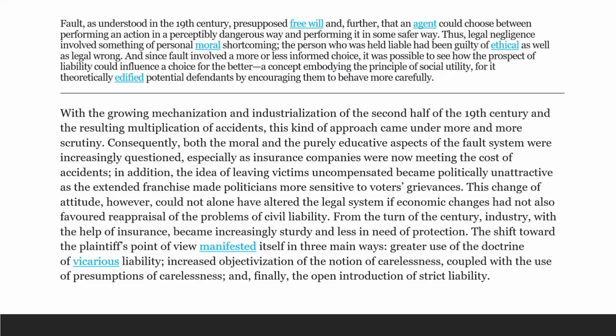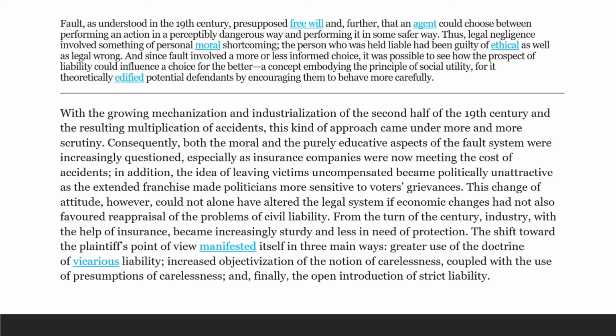In addition, the idea of leaving victims uncompensated became politically unattractive as the extended franchise made politicians more sensitive to voters' grievances.